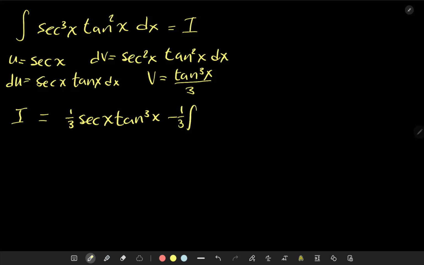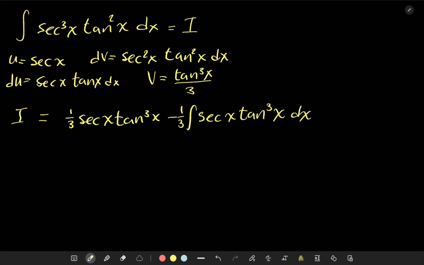So v du is going to be equal to 1/3 of tangent times tangent is going to be tangent cubed, and then times secant dx.